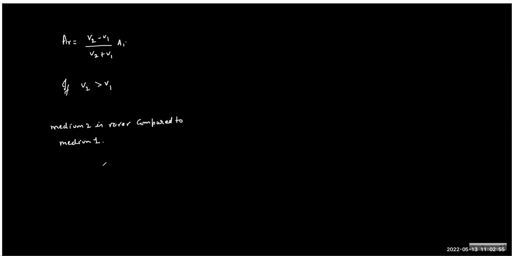So when reflection happens from the relatively rarer medium, phase shift doesn't occur. So AR and AI will be in phase. Understood? These two will be in phase.